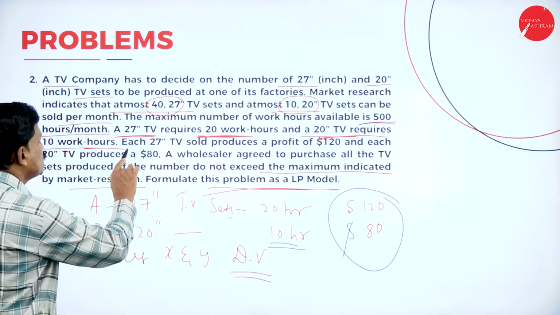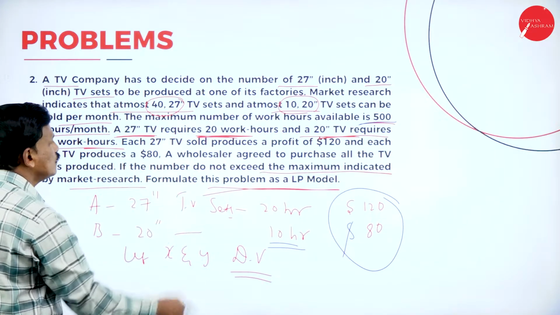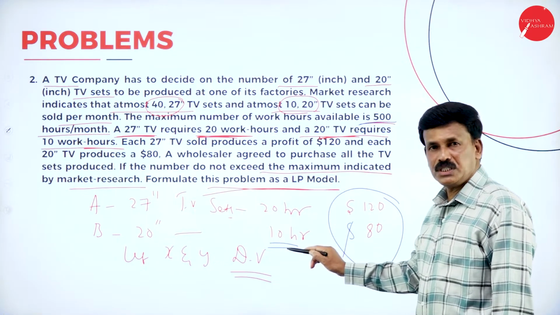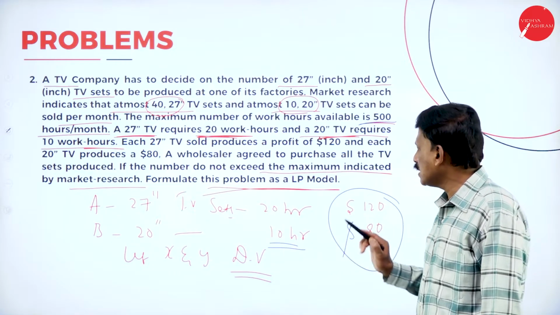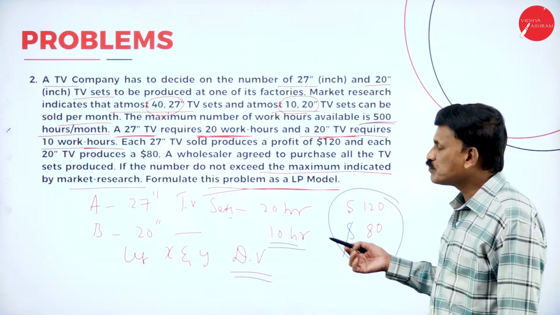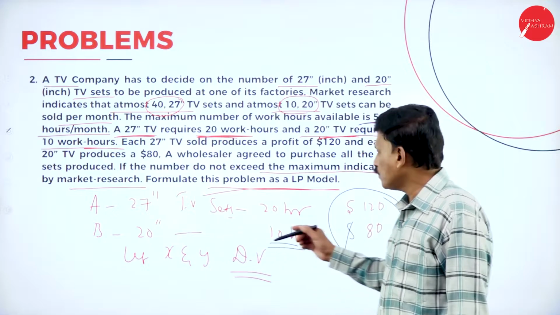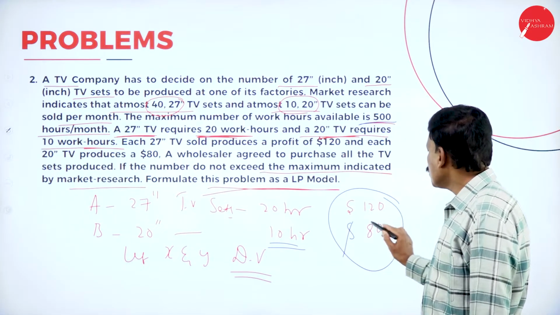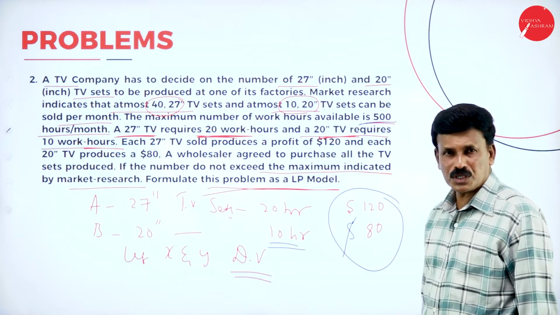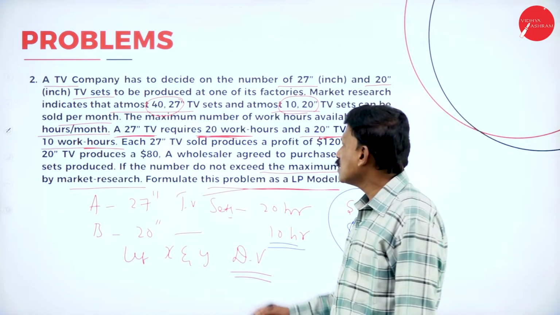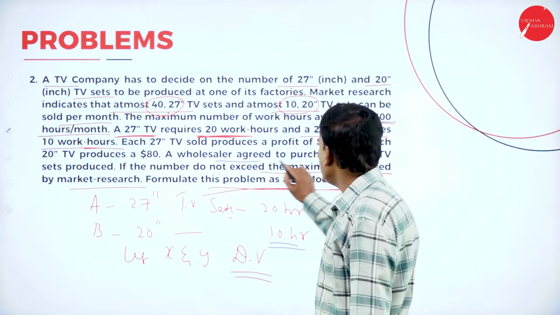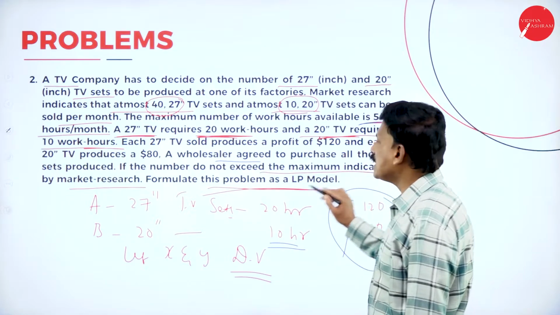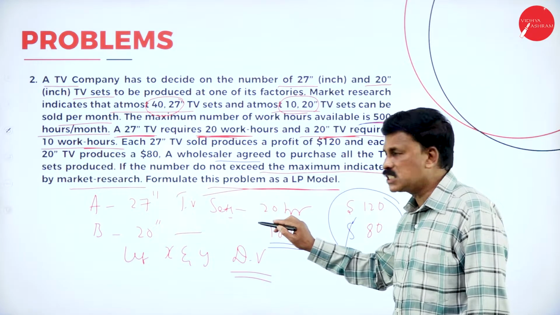A 27-inch TV requires 20 working hours, whereas model B 20-inch TV requires 10 hours, and by selling you are going to get a profit of US $120 for model A and $80 for model B. A wholesaler agreed to purchase all the TV sets produced if the numbers do not exceed the maximum indicated by the market research.